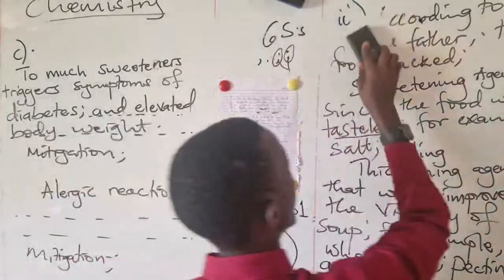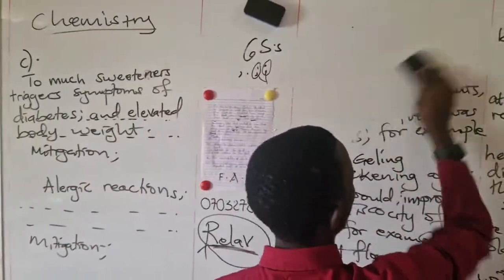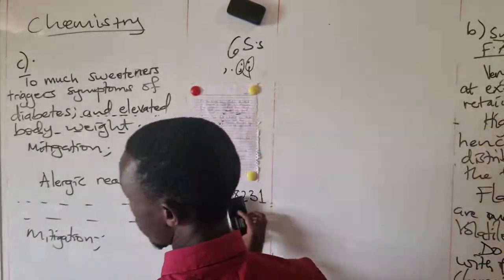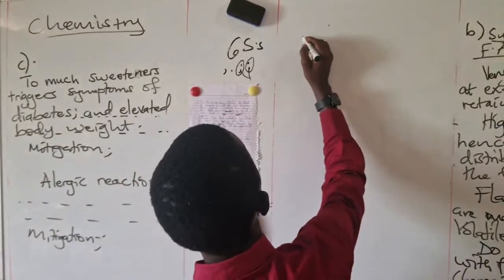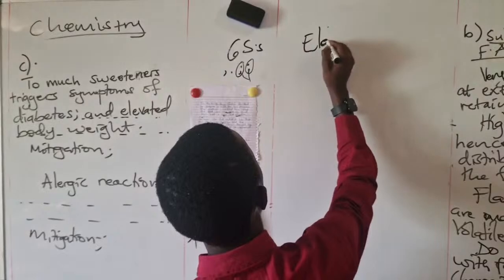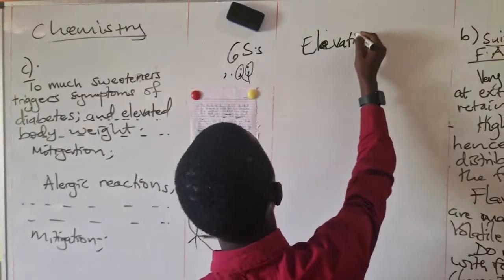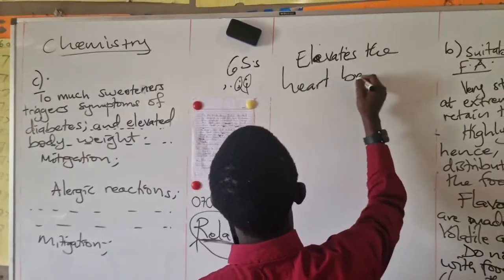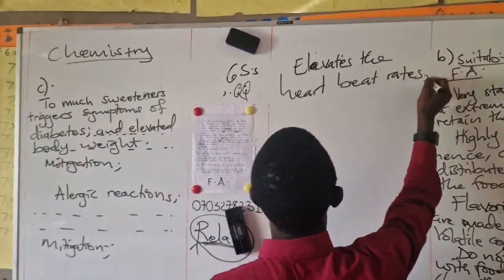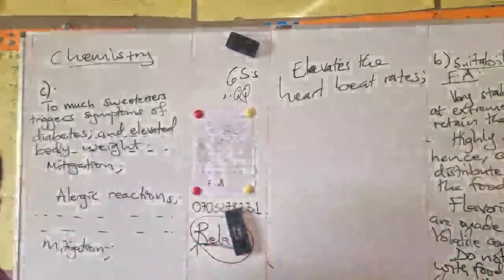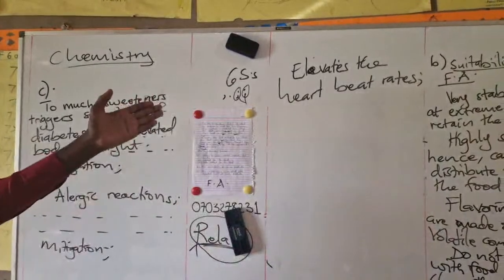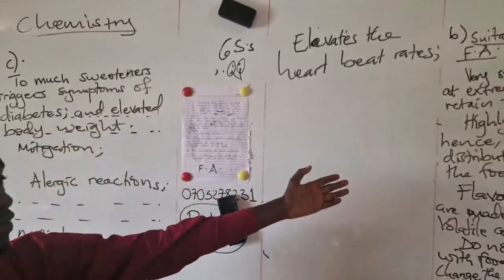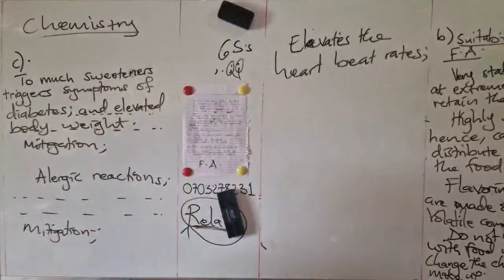You can talk about elevating the heartbeat rates, the side effects for that. That is another side effect. There are some people, when they use some products like the azo compounds and the phenyl compounds, their heartbeat rate increases.